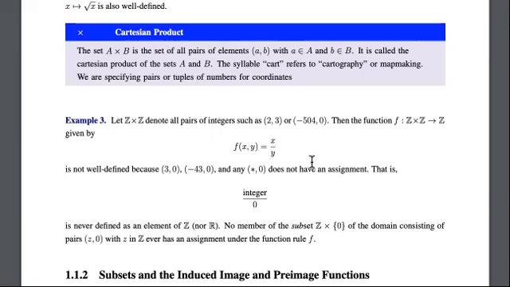Not only that, you also know that an integer over 0 is never well defined either. It's never an element of Z, and it's never an element of R. So no member of this subset, Z cross 0, of the domain would work. So this could never even work.